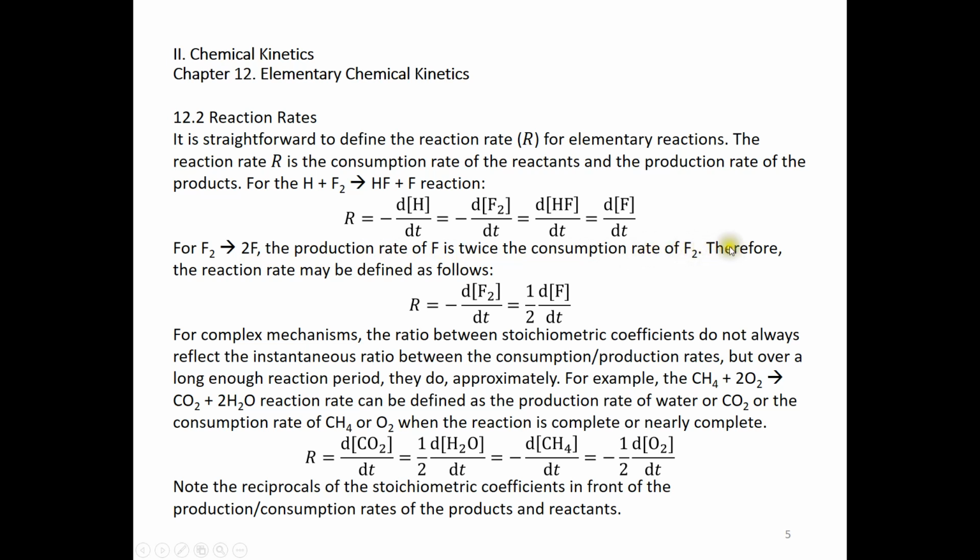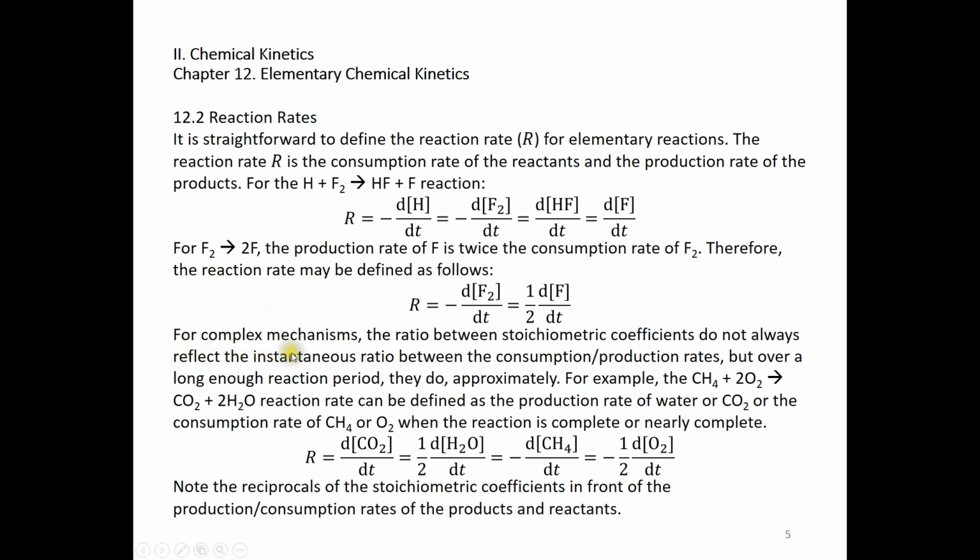And therefore, the reaction rate may be defined this way. It's how fast F2 is consumed, or how fast the fluorine atoms are produced, divided by 2. Again, it's just due to the difference in the stoichiometric coefficients.